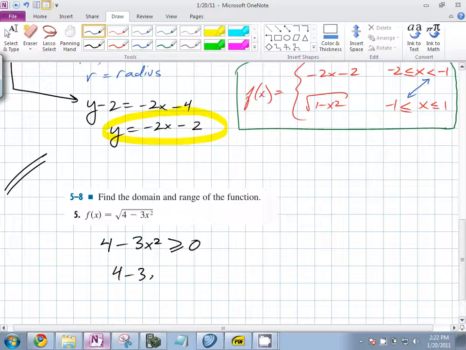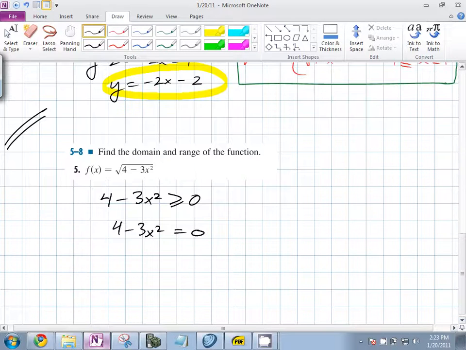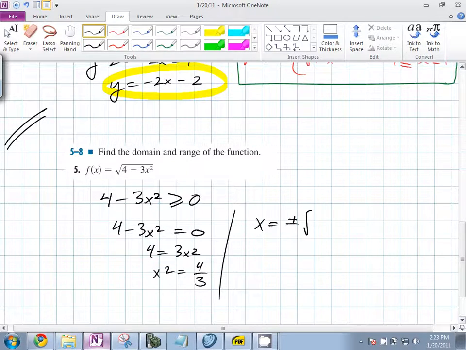4 minus 3x squared is when it what? Yeah, when it's equal to 0. And luckily, it's kind of nice. So what does x equal? Plus or minus the square root of 4/3, which is plus or minus 2 root 3 over. That should be a familiar value. You see that value pretty frequently in what field of math?